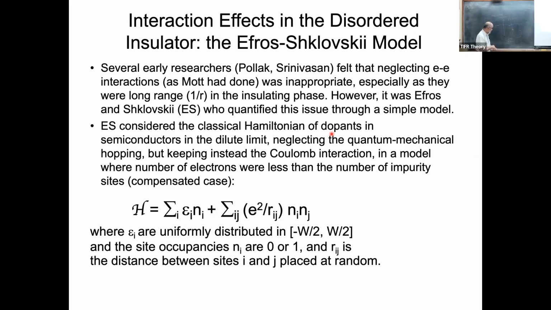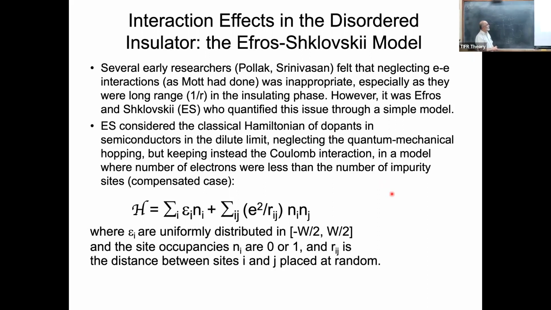I mean, they had all kinds of ad hoc calculations, but none of that was really decisive. And the group that actually decisively solved this problem was Efros and Shklovsky in Leningrad, at that time Leningrad. Now it's St. Petersburg.